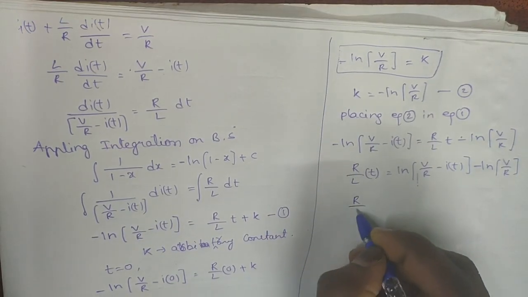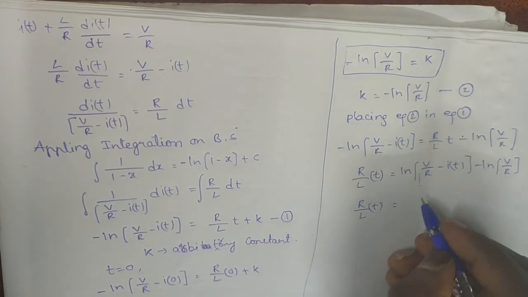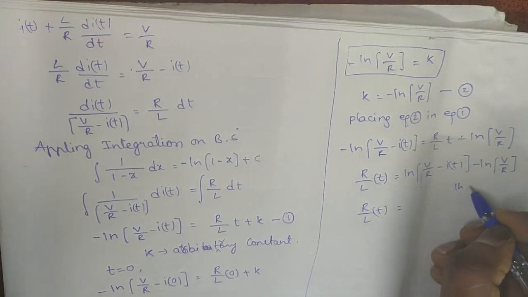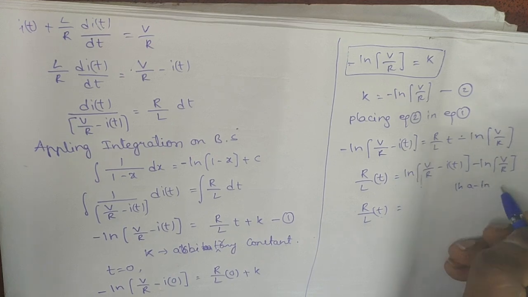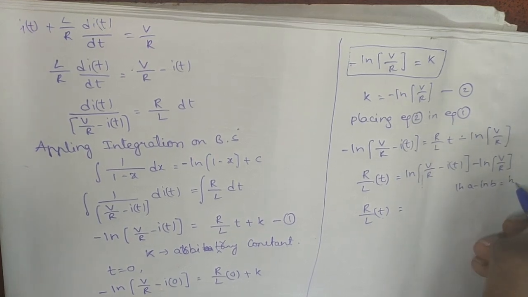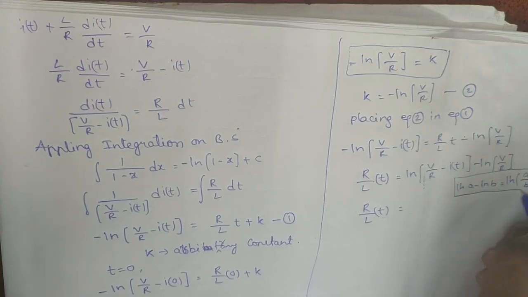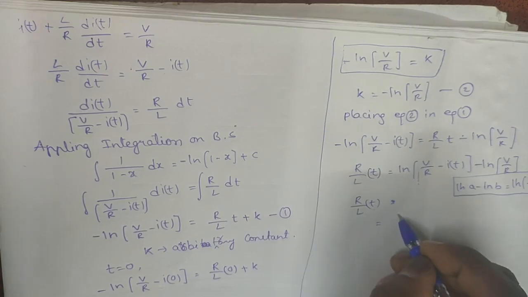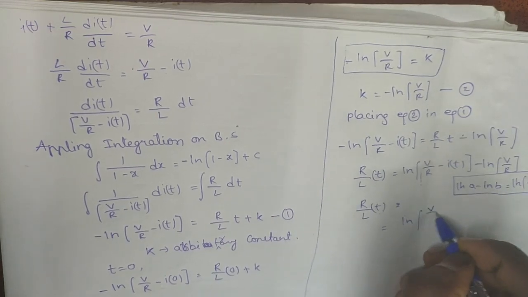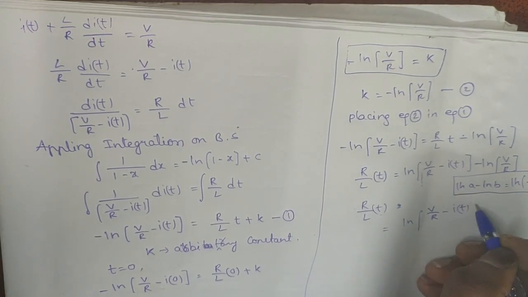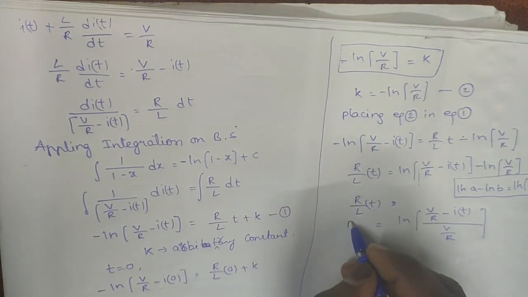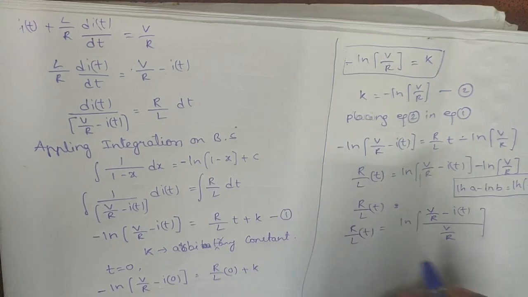Now R by L of t. Here we can write log a minus log b is equal to ln of a by b. We can write in this way. So we will write this as ln of V by R minus I of t by V by R, R by L into t.